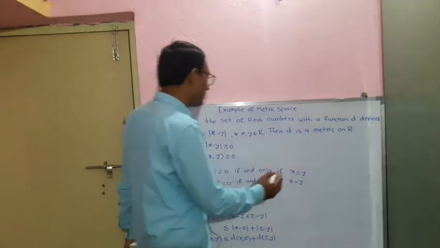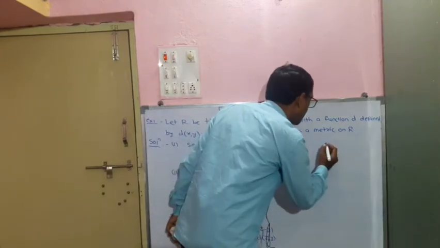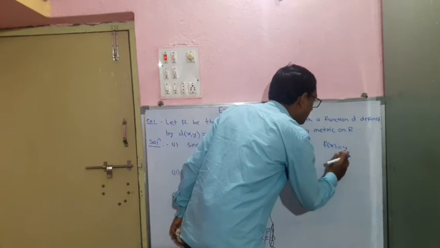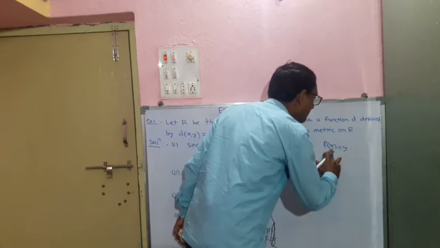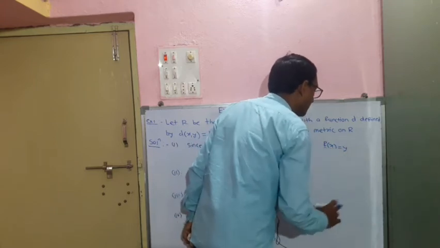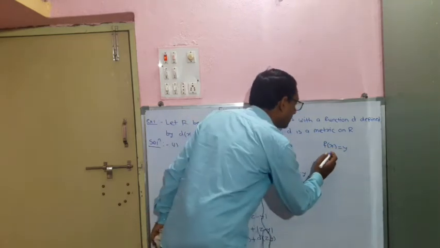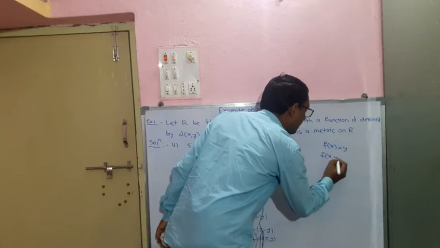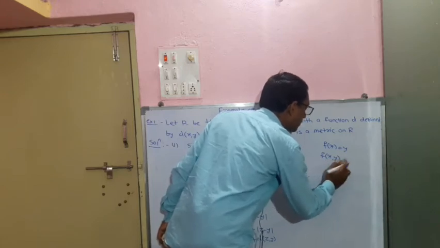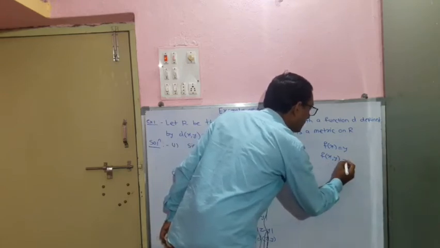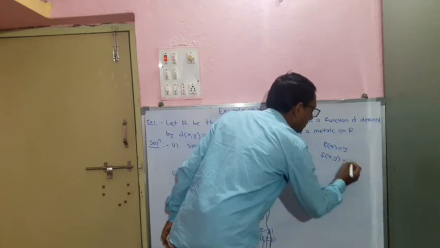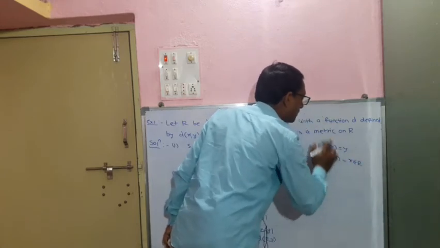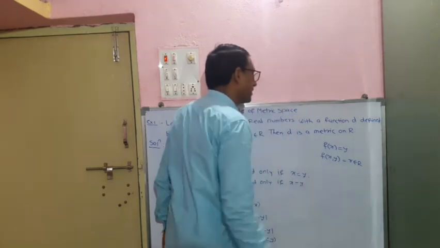Usually for a function of a single variable we write f of X is equal to Y, that is, Y is the image of the element X under this function. But here for the ordered pair, f of X comma Y, this metric function gives a single real number.